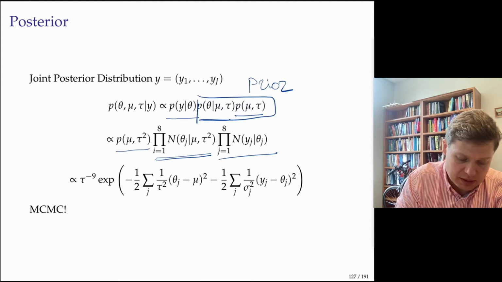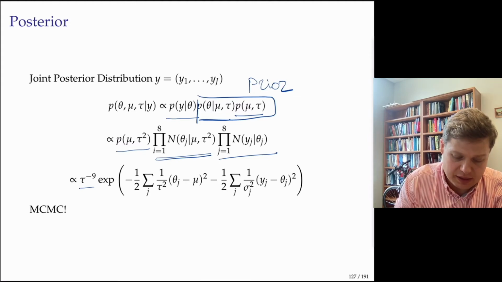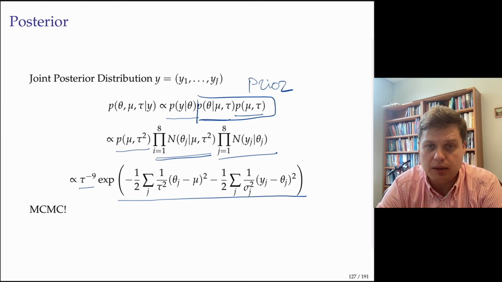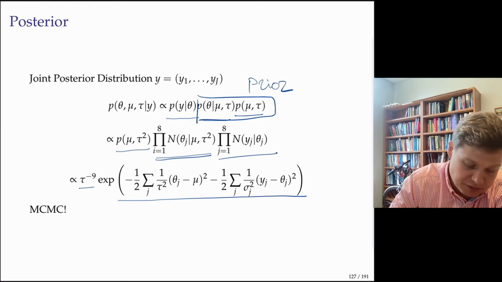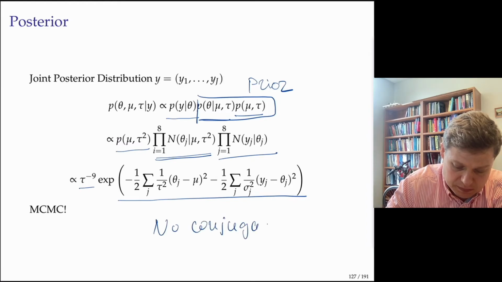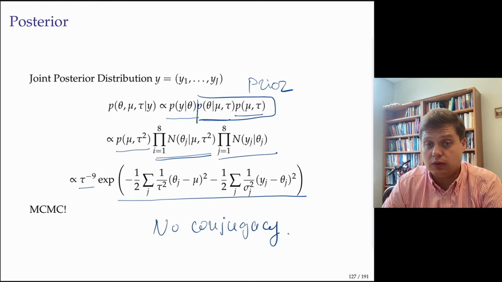So when you take the product, you have tau to the power -1, and then you take the 2 exponents together and combine them. So you don't have this case of conjugacy anymore. The prior that we have selected does not allow us to calculate the posterior analytically.